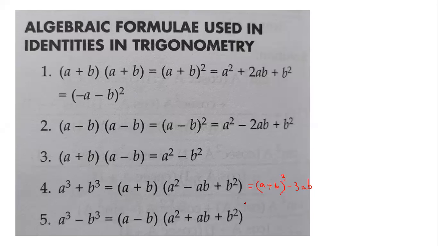And student, what would be this a cube minus b cube? It would be 3ab, then it's a minus b, right? 3ab into a plus b, sorry. So what is a cube minus b cube?